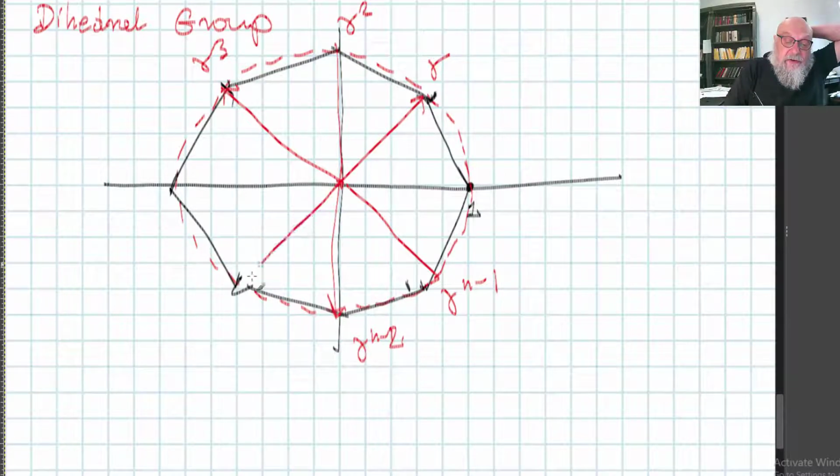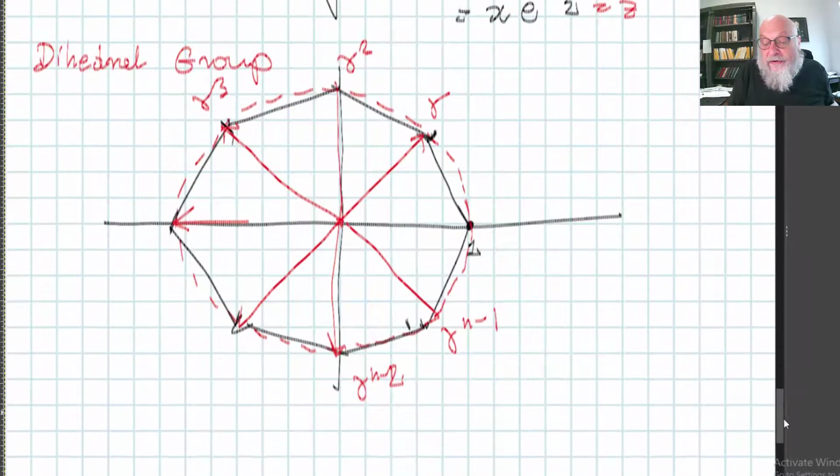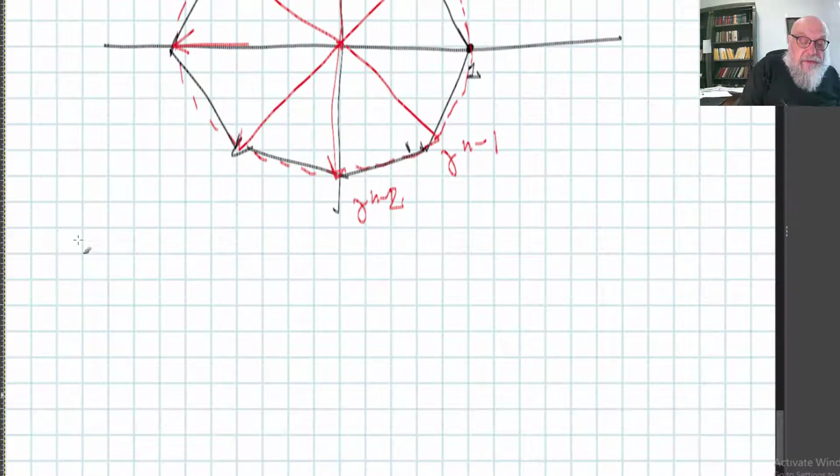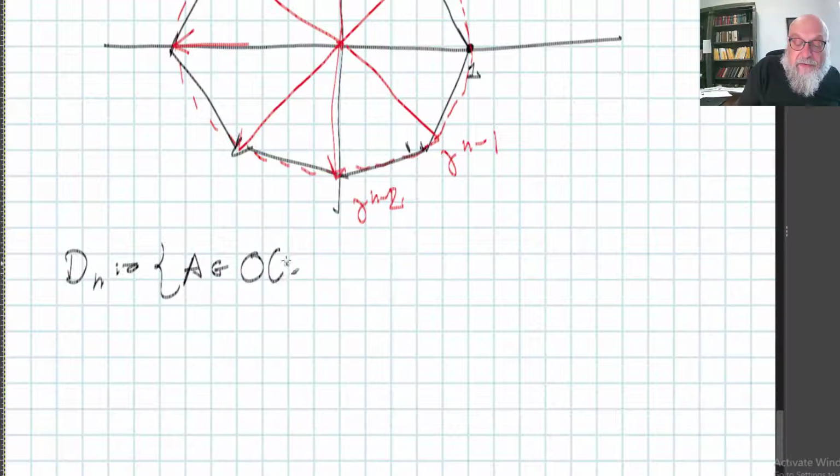So we have this n-gon given here, and we are looking for all the, so we put it like this, Dn will be equal to the set of all orthogonal matrices belonging to O2, such that the matrices preserve this n-gon.